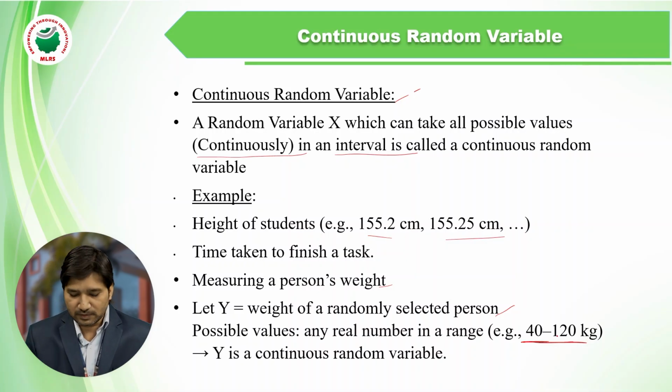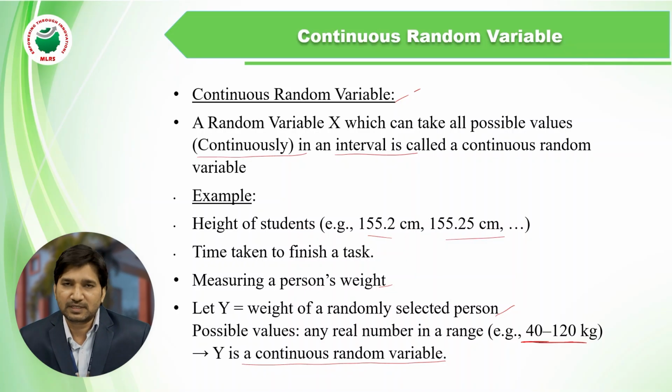The possible values are any real number in the range 40 to 120. Therefore, Y is a continuous random variable. The weight of persons varies continuously between 40 and 120. That is a continuous random variable.